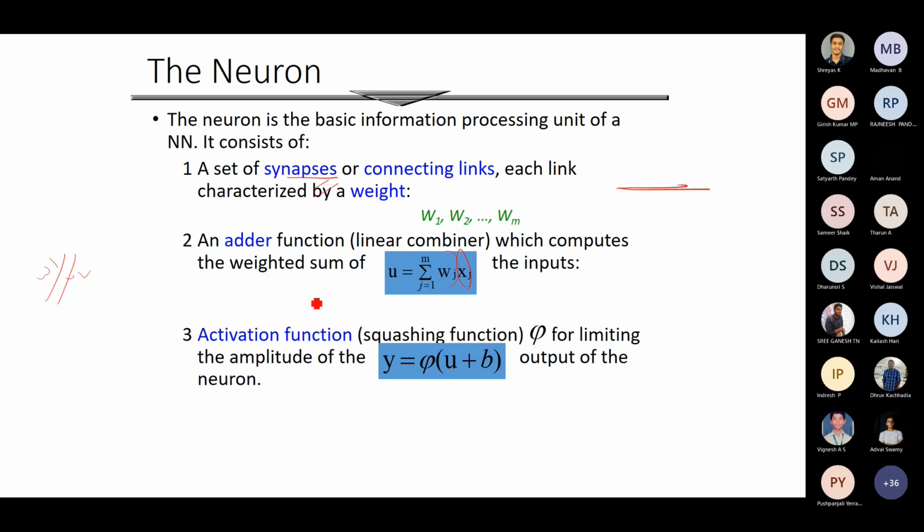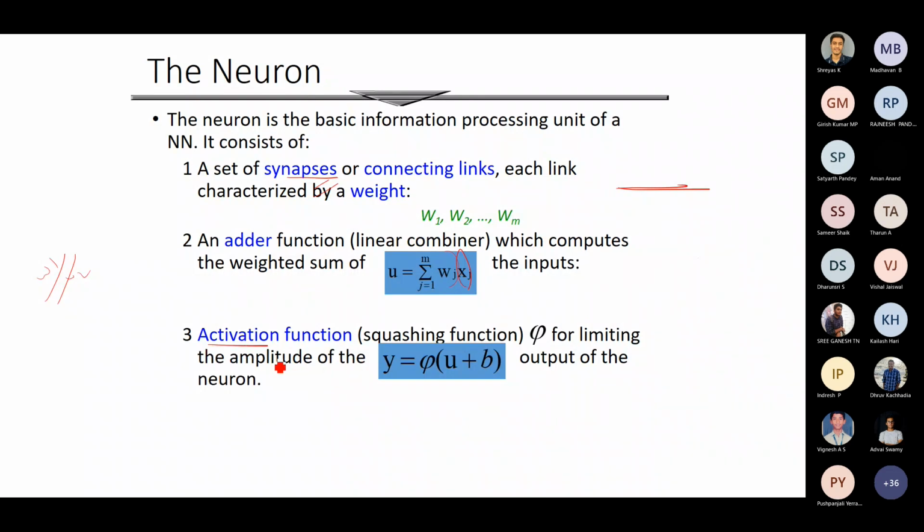And after that, you want to classify. You want to classify as A and B, or you want to classify as yes and no, etc. So therefore you cannot have an exact sum of weights as the value. So therefore you have an activation function.